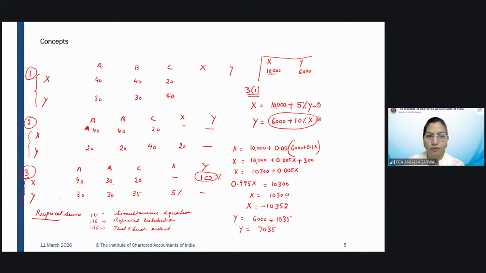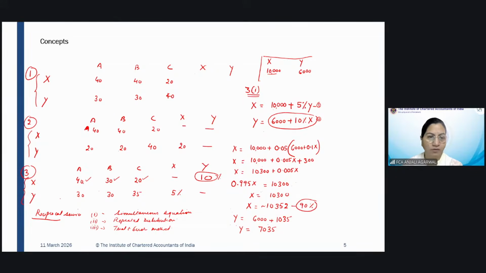Not in the ratio of 4:3:2. Remember, don't do that. If you divide 10,352 in the ratio of 4:3:2, that will be wrong. You have to divide 10,352: 40% goes to A, 30% goes to B, 20% goes to C. So ultimately, 90% of this will be divided amongst ABC.